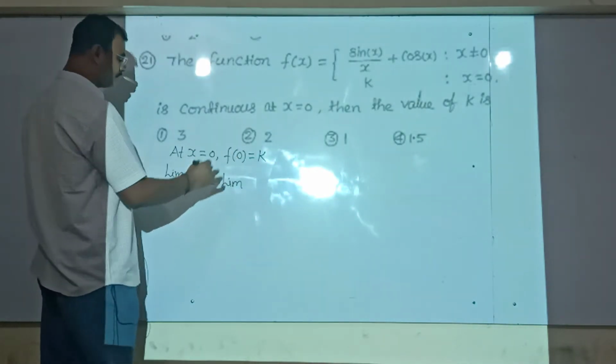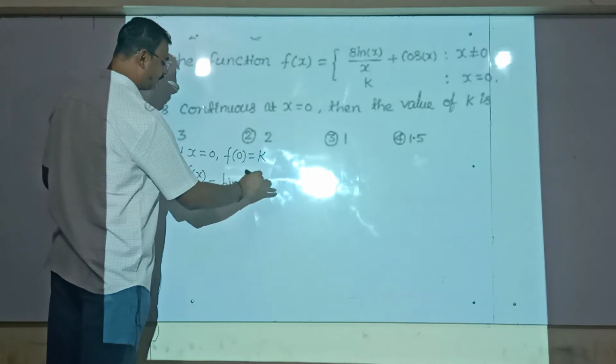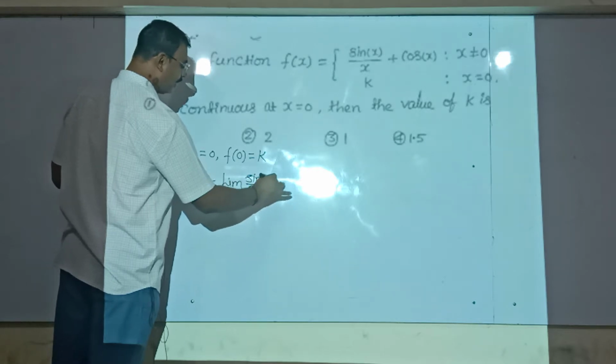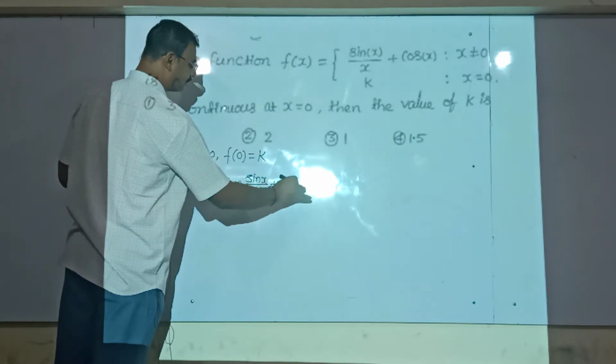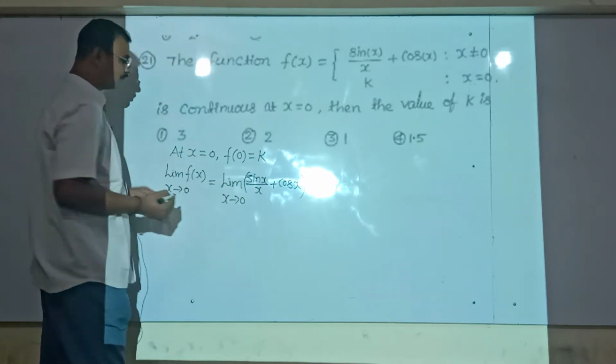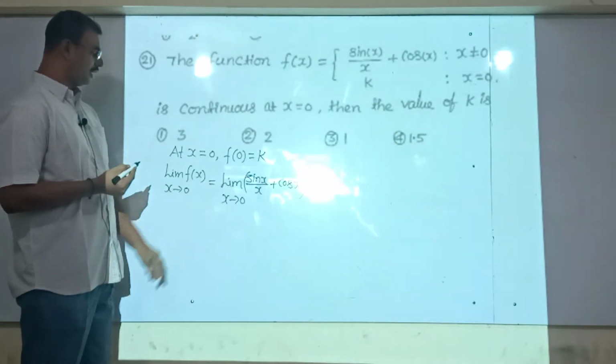The limit of f of x, which is sin x divided by x plus cos x, as x approaches 0. Now we have to apply the limit directly.